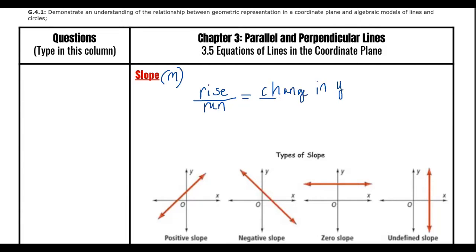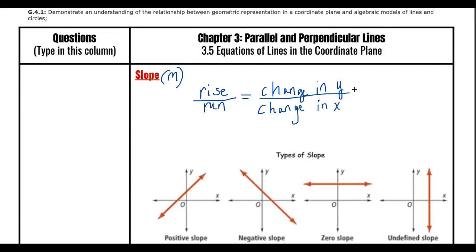Okay. So these are fractions. Slope is really good to be written in fraction form. One number on top, one number on the bottom. Rise is on top, or change in y, that's the same thing. And then the run would be on the bottom, which is your change in x.